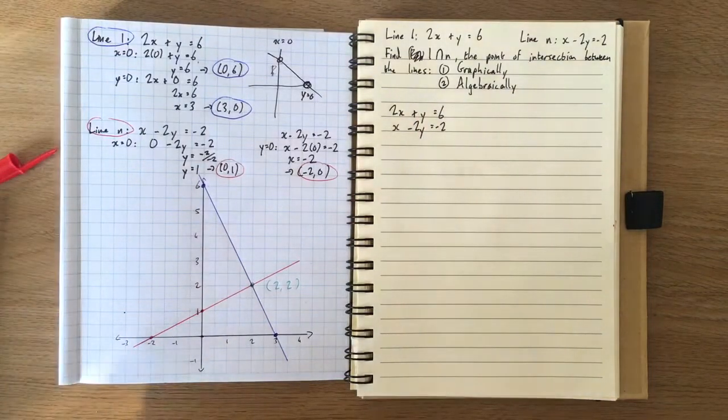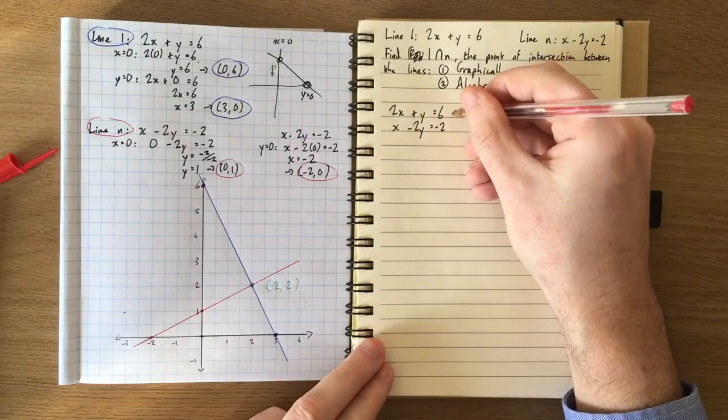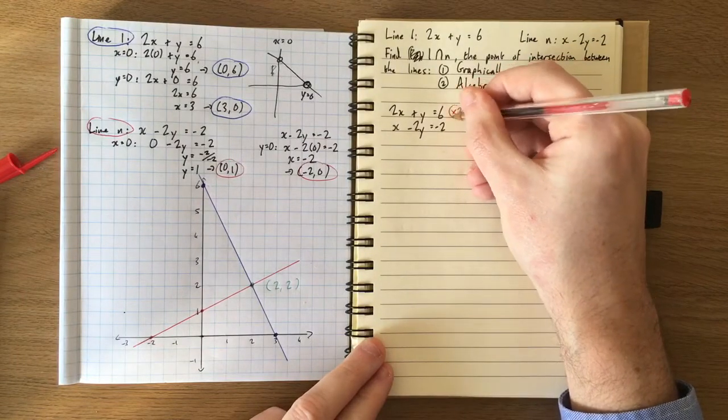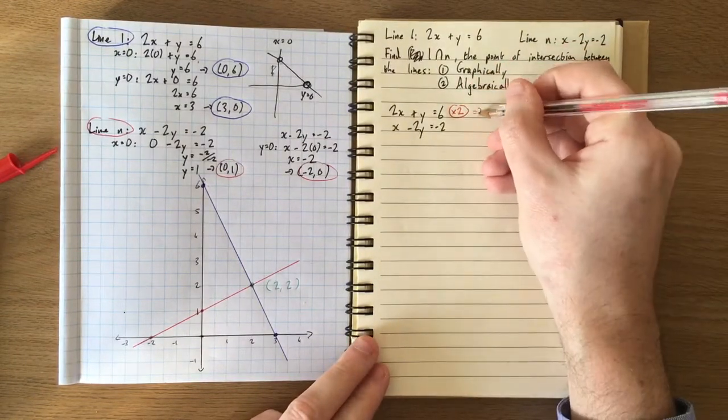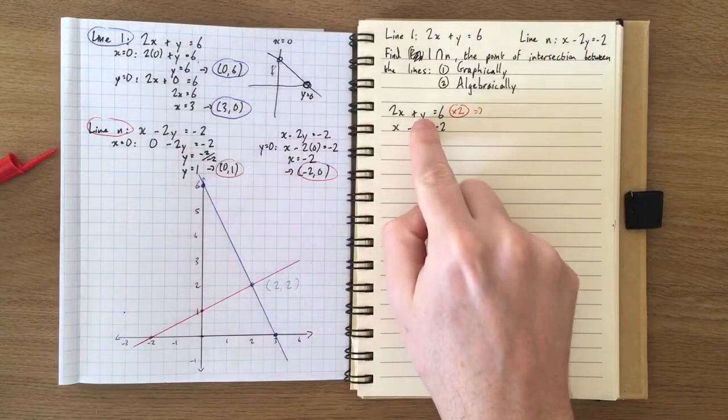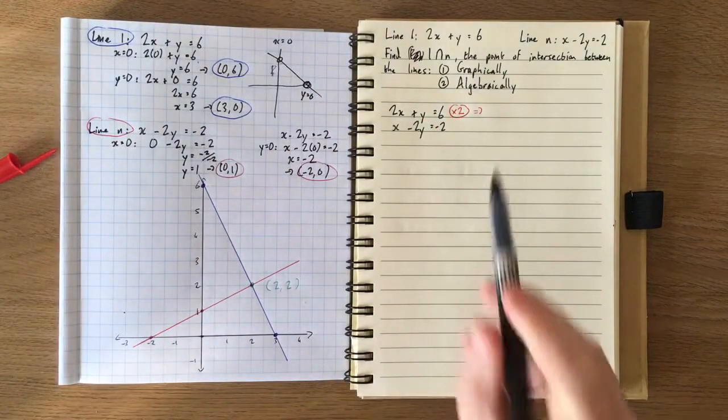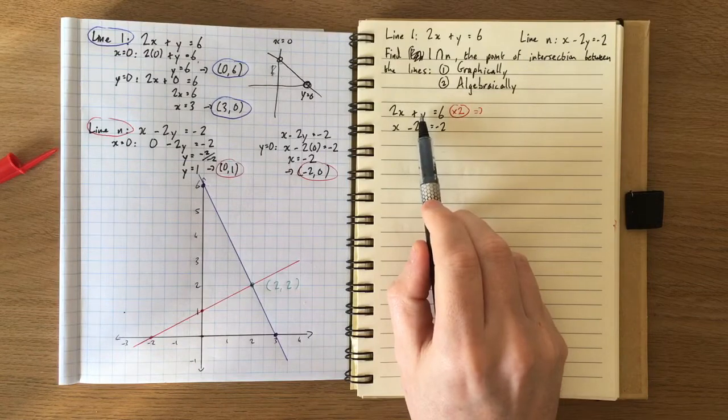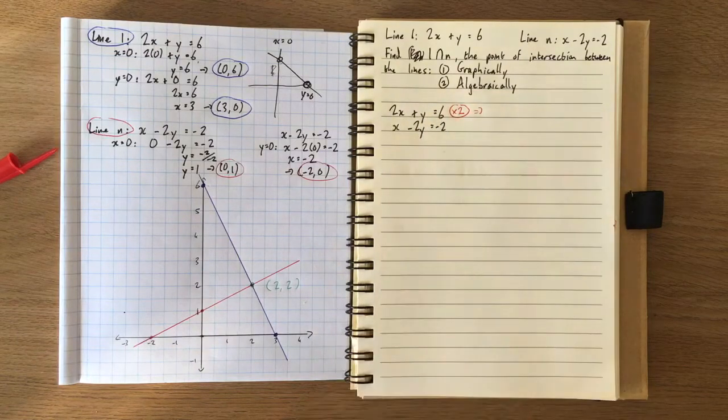So what I am going to do is multiply the first equation by 2, because that's going to give me the 2y there that I need. Now, you can't just multiply the y by 2, you need to multiply the entire equation across.